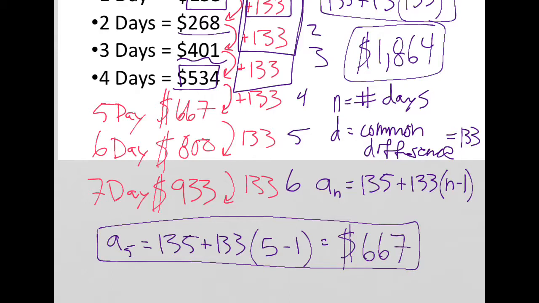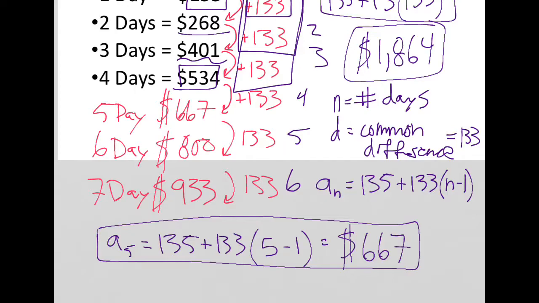An arithmetic sequence is a sequence, meaning it is a set of numbers that has a relationship such that each increasing term, each greater term number, is either increasing or decreasing by a set amount, that common difference, 133.